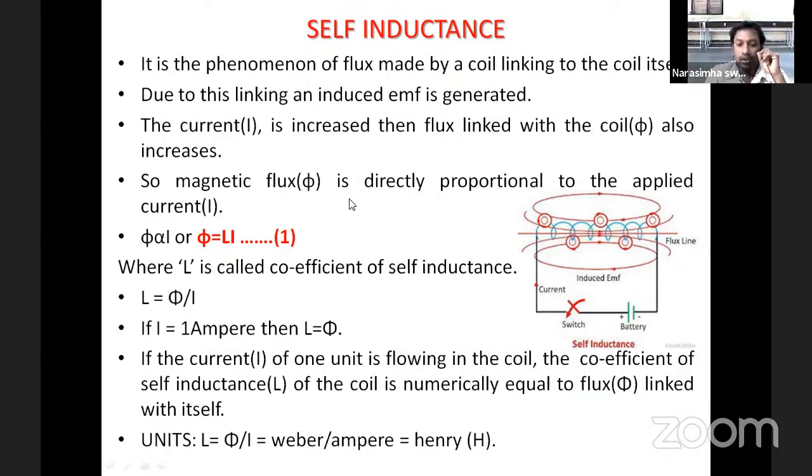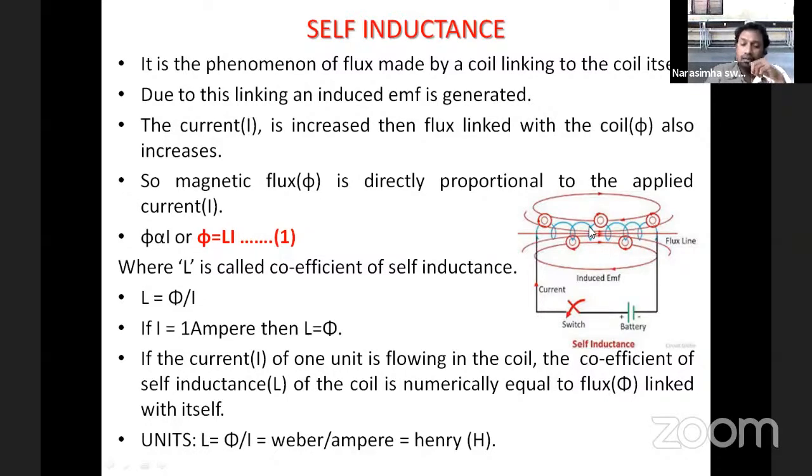Now, due to this linking, an induced EMF is generated. Got my point? Because the current is changing, the magnetic flux is also changing, and due to that change in magnetic flux, induced EMF is generated inside the coil itself, in the same coil.